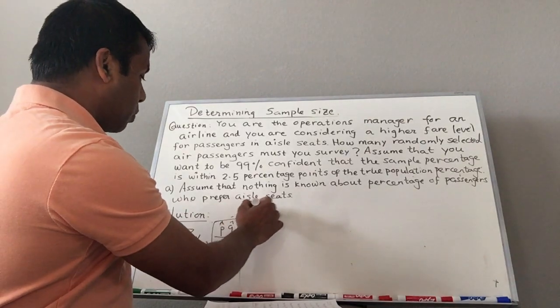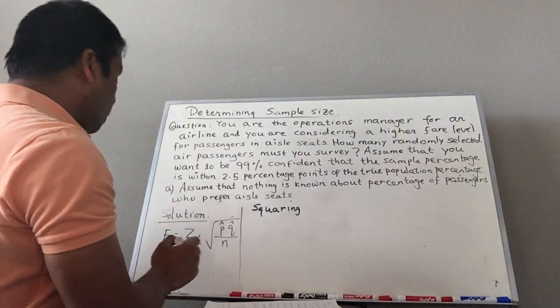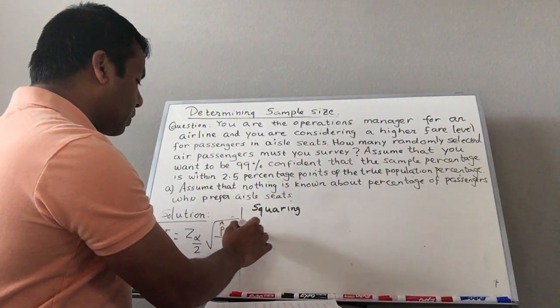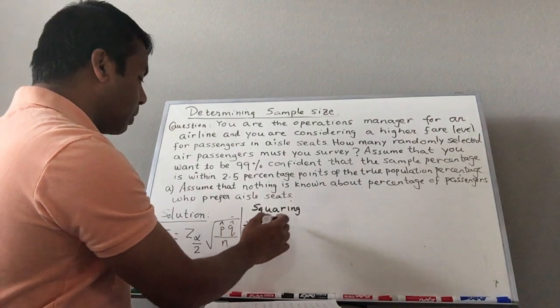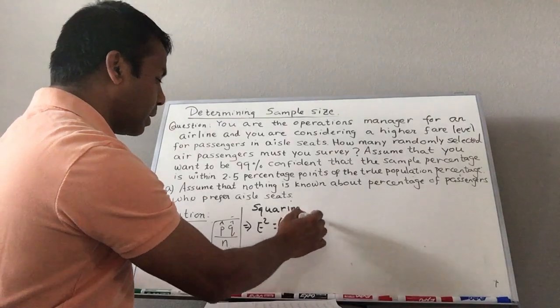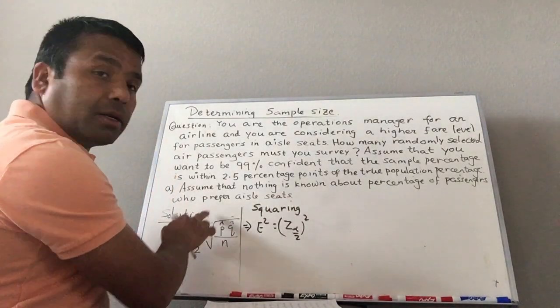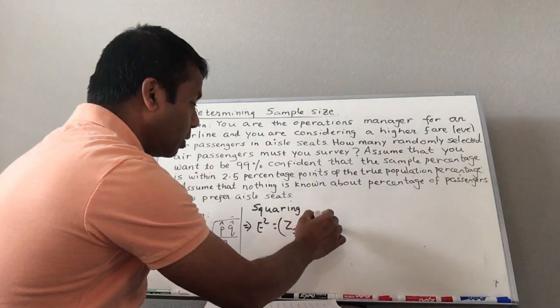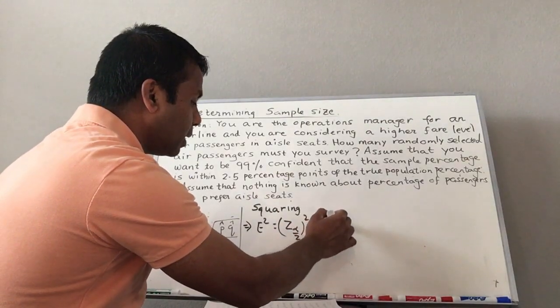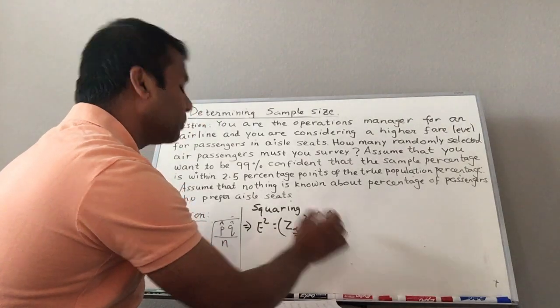When you square both sides, you get E squared equals z alpha over 2 squared times p hat q hat over n, and the radical sign will be gone.